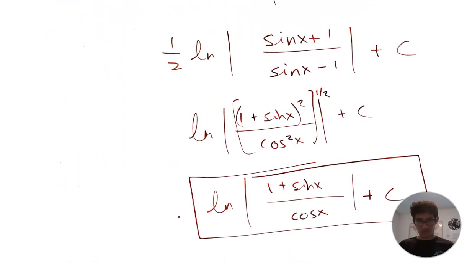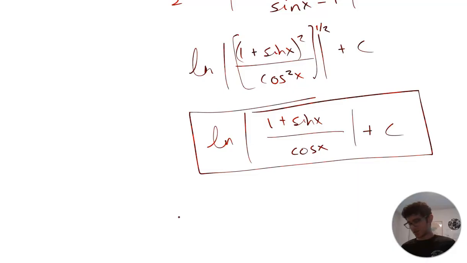And yeah, I'm so surprised by this that I'm gonna have to verify my answer once. So let me just check the integral of secant of x. I think that's what we did. I'm not sure at all if this is correct.